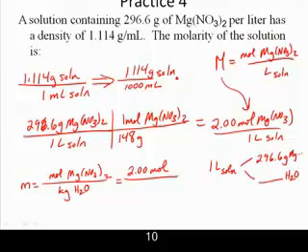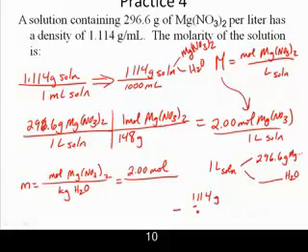Well, I know that 296.6 grams of that is the magnesium nitrate, which means the rest of it must be water. So I take my total grams, because part of that is the mag nitrate and part of that is the water. If I take the grams of the solution minus the 296.6, that's going to give me what?